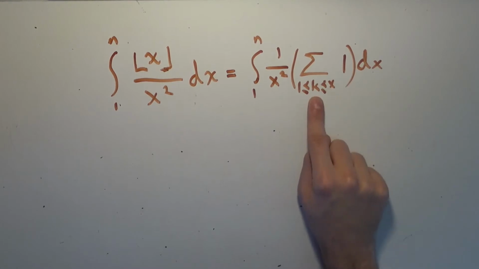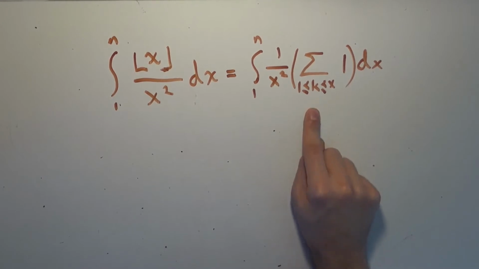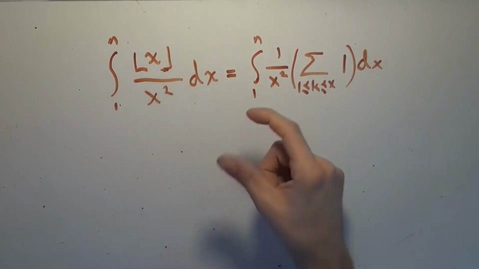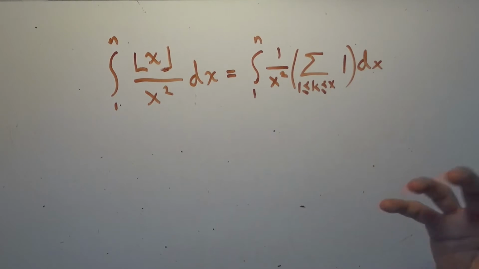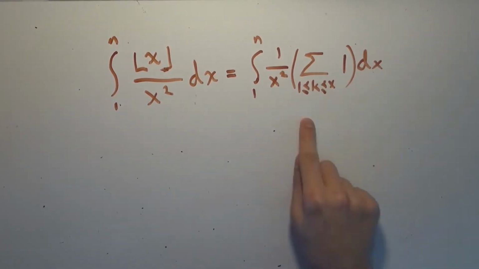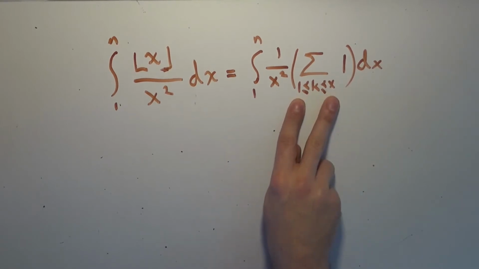It's all integers k that are greater than or equal to 1 and less than or equal to x, right? And so we're just going to add 1 that many times. That's the same as the floor of x because the floor of x is always an integer. So I hope that's clear. If that doesn't make sense immediately, try to ponder that. I'm just adding as many 1s as there are integers k greater than or equal to 1 and less than or equal to x. Okay? And that's a good definition of the floor function.